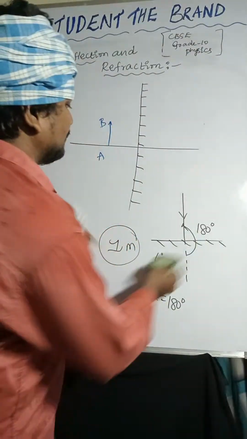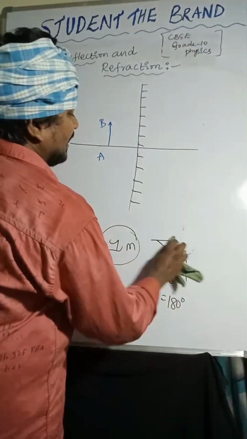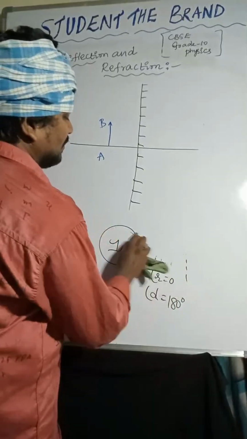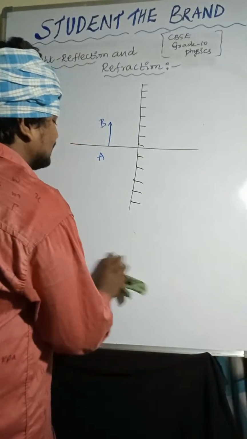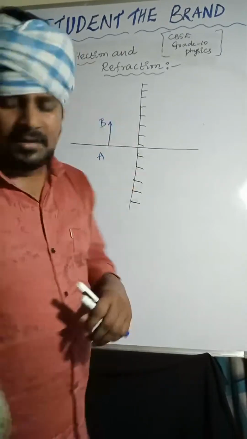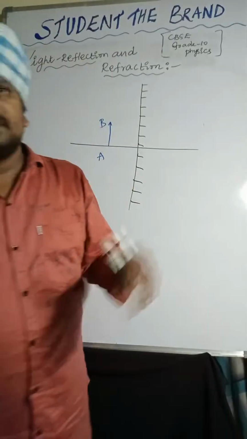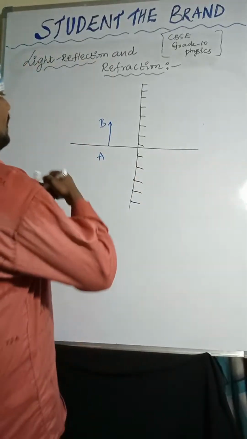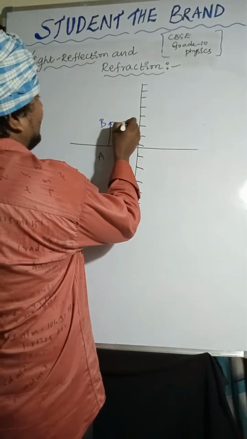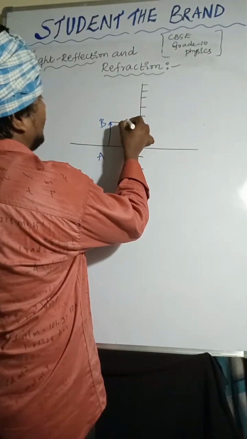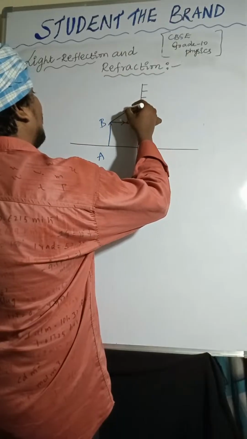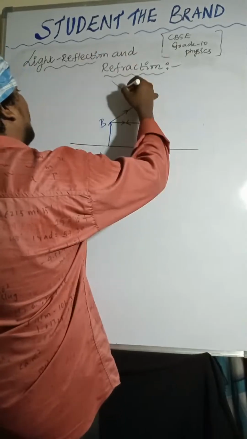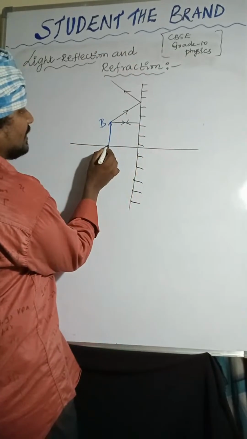Okay, so now the same concept I am applying here also. Now you can see here, one light ray I am taking along the normal line, so it reflects back in the same direction. One more light ray I am taking along this one, it reflects back, and one light ray I am considering here.